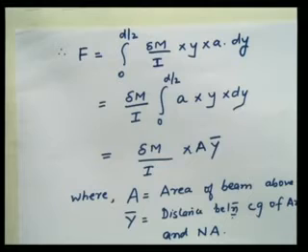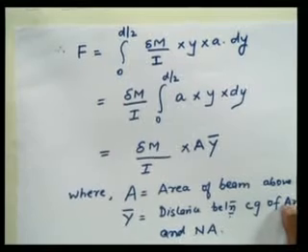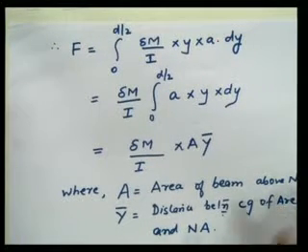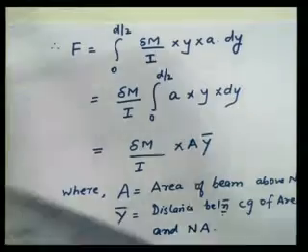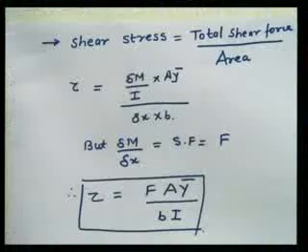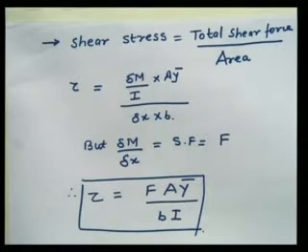A into y dy is nothing but A y bar, if you recall your CG and MI. A is the area of the beam above the neutral axis, and y bar is the distance between the CG of that area and the neutral axis. Now shear stress will be equal to the total unbalanced shear force divided by area.